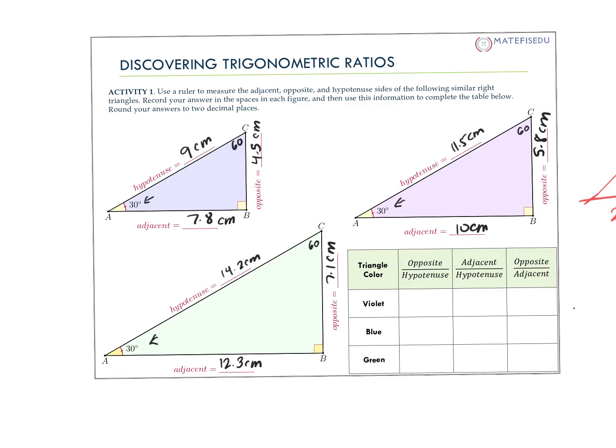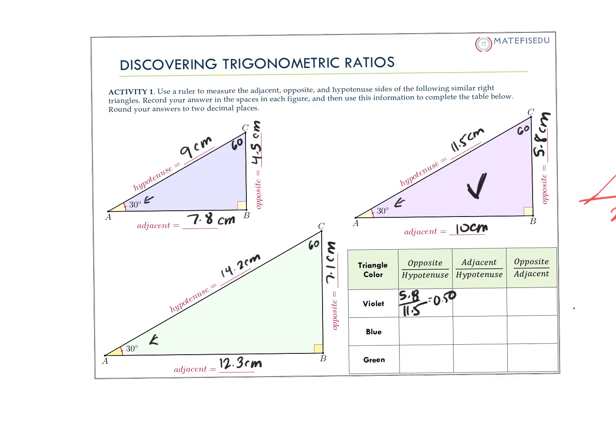So let's look at the violet triangle. We're going to divide the opposite side by the hypotenuse. So 5.8 divided by 11.5 and see what we get. 5.8 divided by 11.5, 0.50.